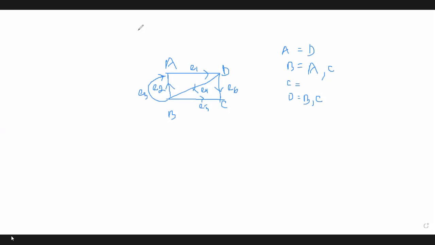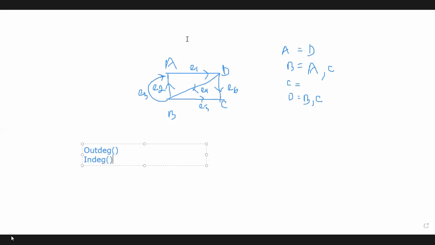One is called out degree, that is outgoing degree, and the other is in degree, that is incoming degree.